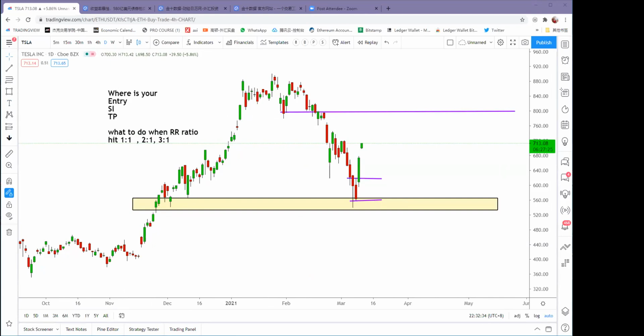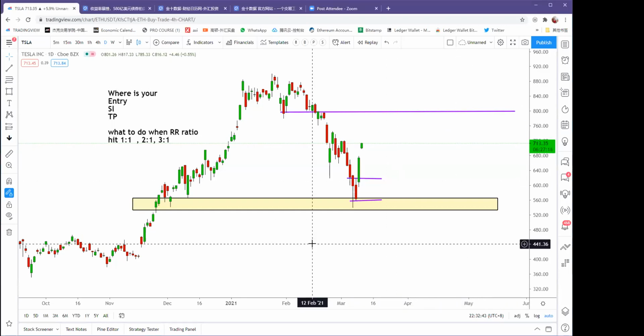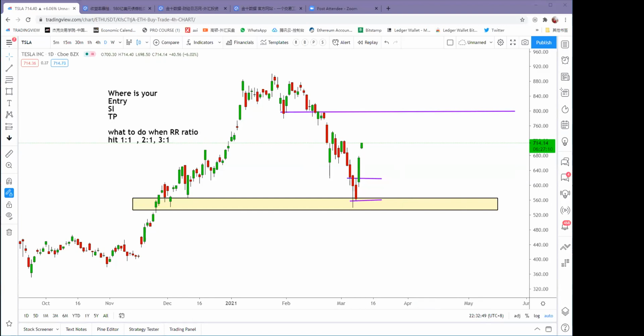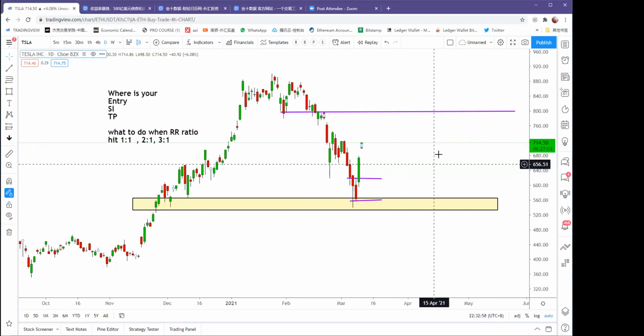You can just ask any trading related questions so that I can help you to decide or to remind you where is the important entry level or target level. It's up to you. Any questions besides NIO?